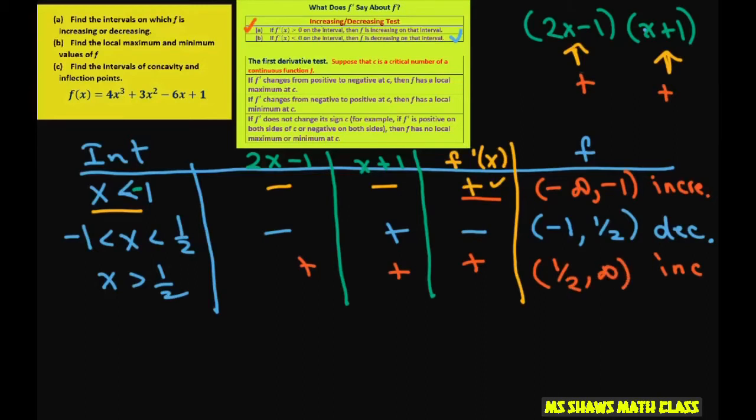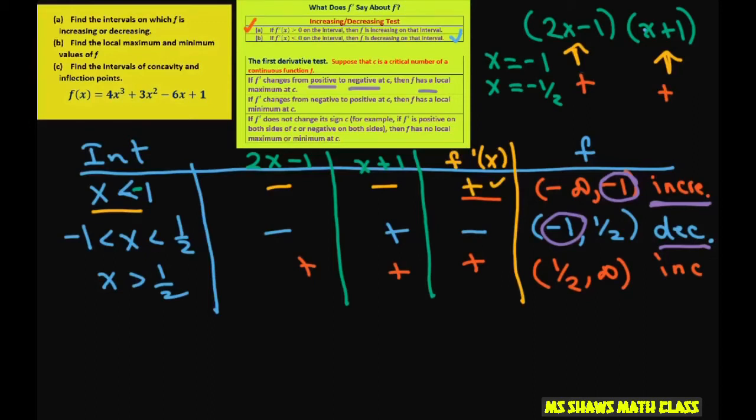All right. Now, what does that tell you? What it tells us is for the min and max, we look at where it changes. Remember, our critical values were negative 1 and 1/2. So at negative 1, it's going from increasing to decreasing, so it's going from positive to negative.